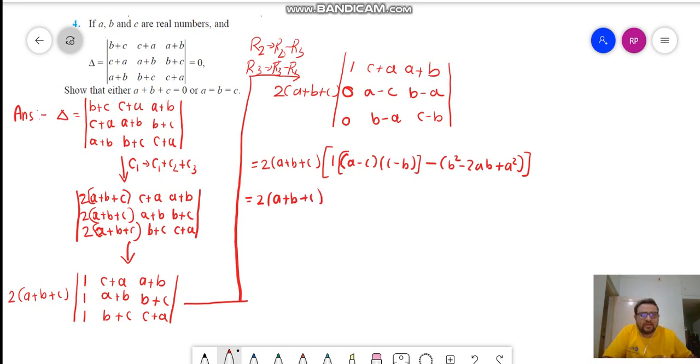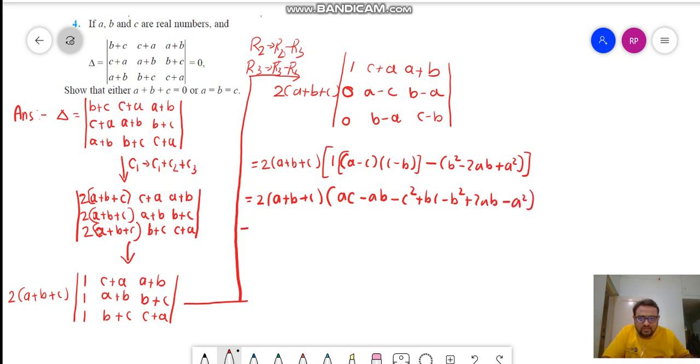Okay. Now A minus C into B minus C, it will be AC minus AB minus C square plus BC minus B square plus 2AB minus A square. Okay.